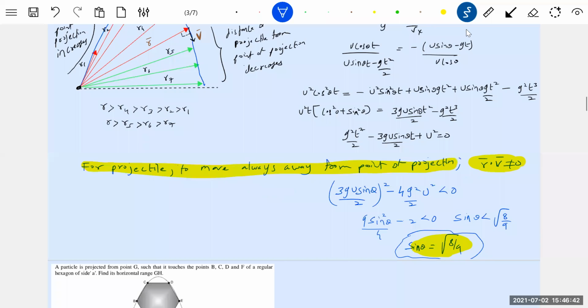So this I'll write as a quadratic equation. Therefore we'll write further: the roots of equation 1 must not be real.